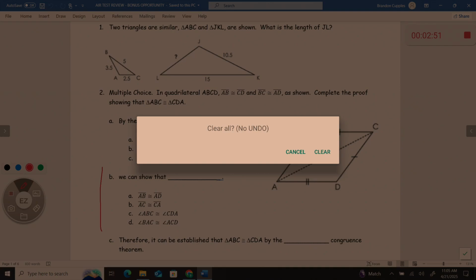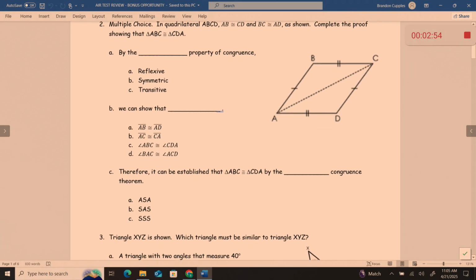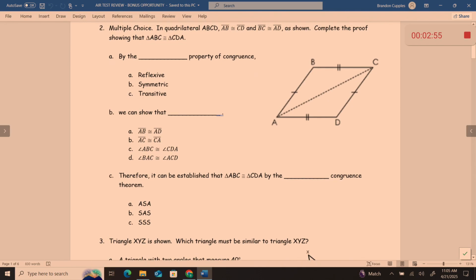Now, looking at this next problem here, looks like a proof of some sort. So we have in the quadrilateral ABCD, we know that AB is congruent to CD. That's been marked congruent already with those two. You have BC is congruent to AD, which would be those two. And then the triangles are congruent.